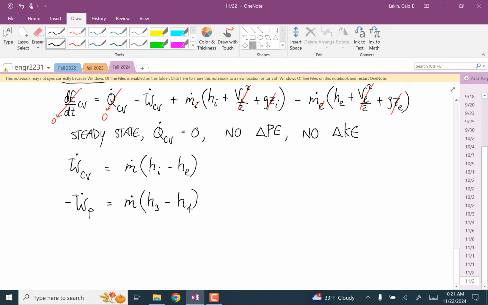And so you can flip the signs and you get W_P dot over m dot is equal to h4 minus h3.